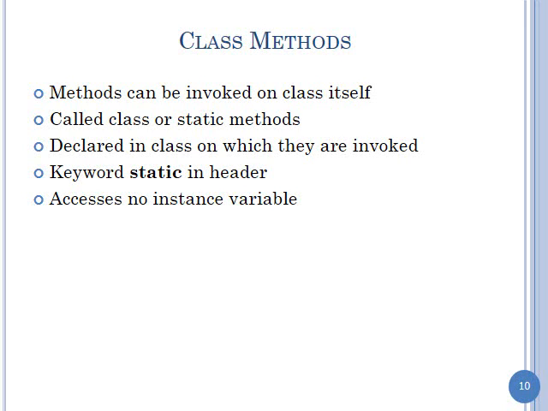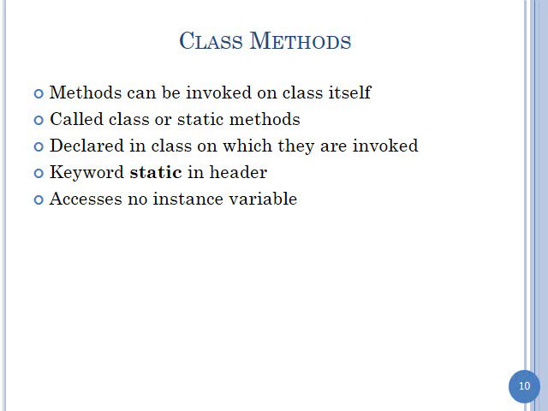Java calls them static because it's inspired by C++, which called it static. Static is just a way it's implemented, and we'll talk about that. But basically, these are methods that can be invoked on a class, not on an instance, but a class. Okay? And they're called class or static methods.